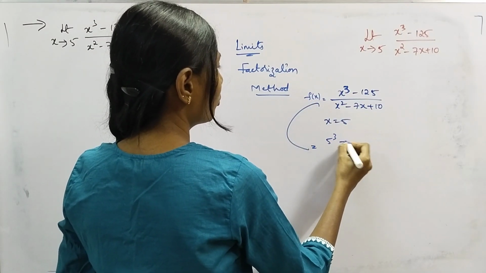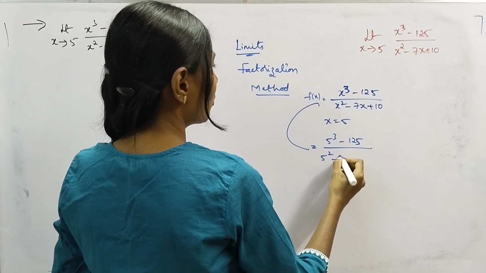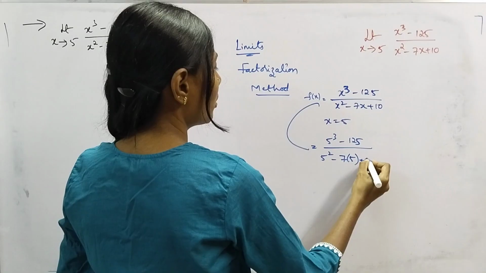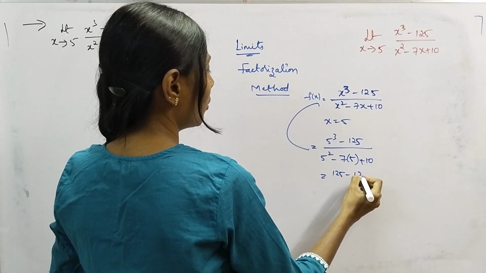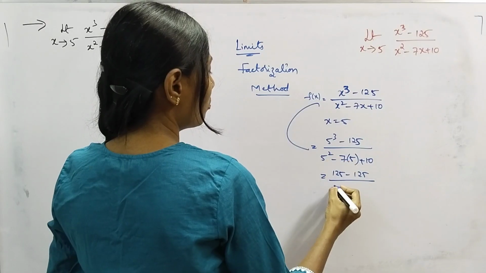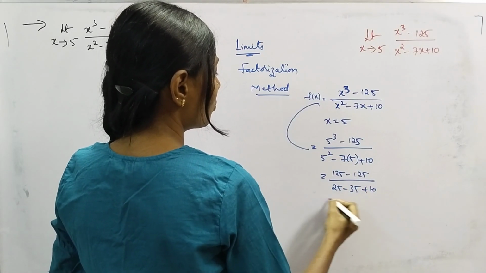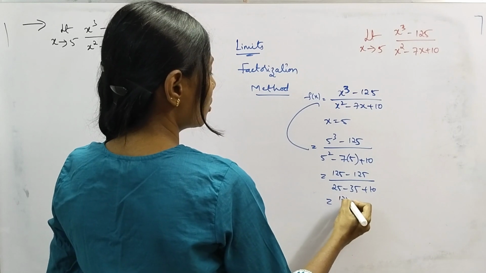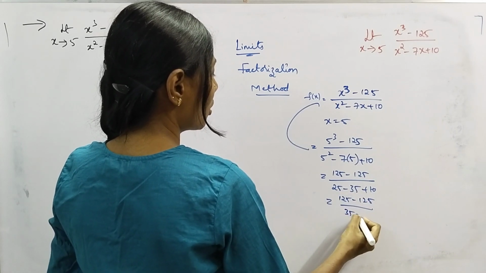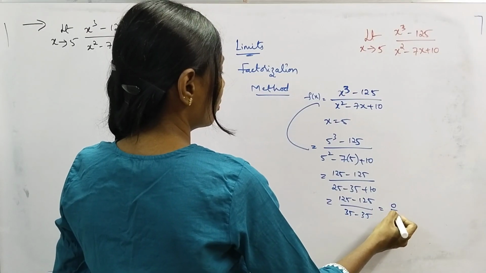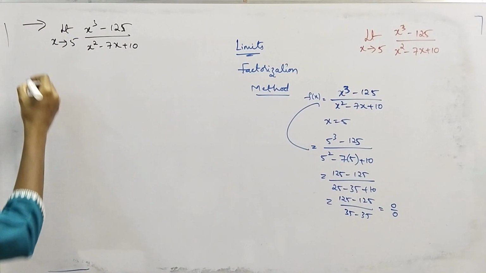You will get 5 cube minus 125 by 5 square minus 7 into 5 plus 10, which gives us 125 minus 125 by 25 minus 35 plus 10, which gives 0 by 0.